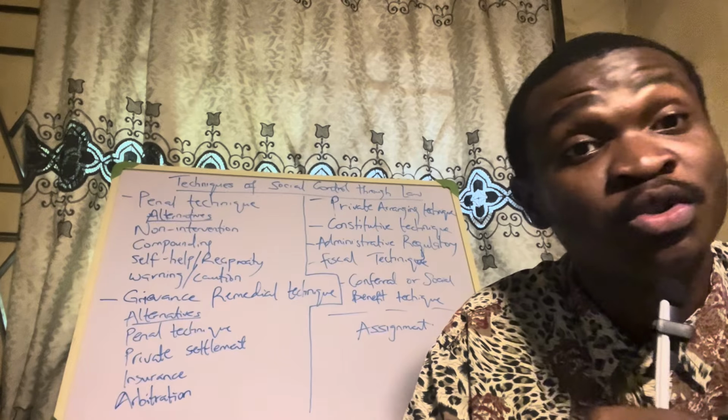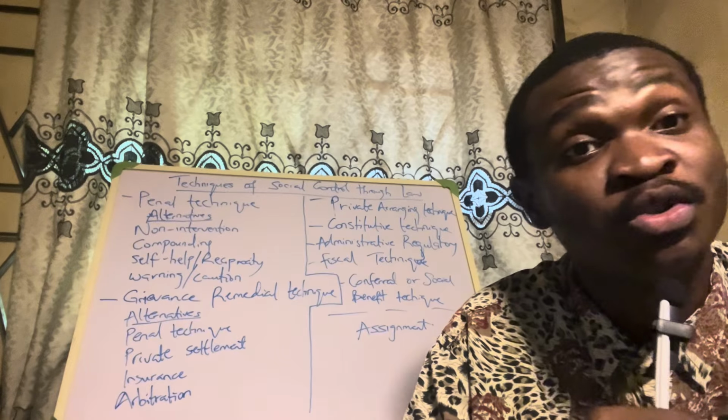Now, this is where you have that dichotomy between law and morality. There are some actions that morally shouldn't even be in existence, but legally they are not criminalized. So even though it affects the behavior of other people, you practice non-intervention. You don't do anything because the law has not permitted you to do anything. So that is an alternative.